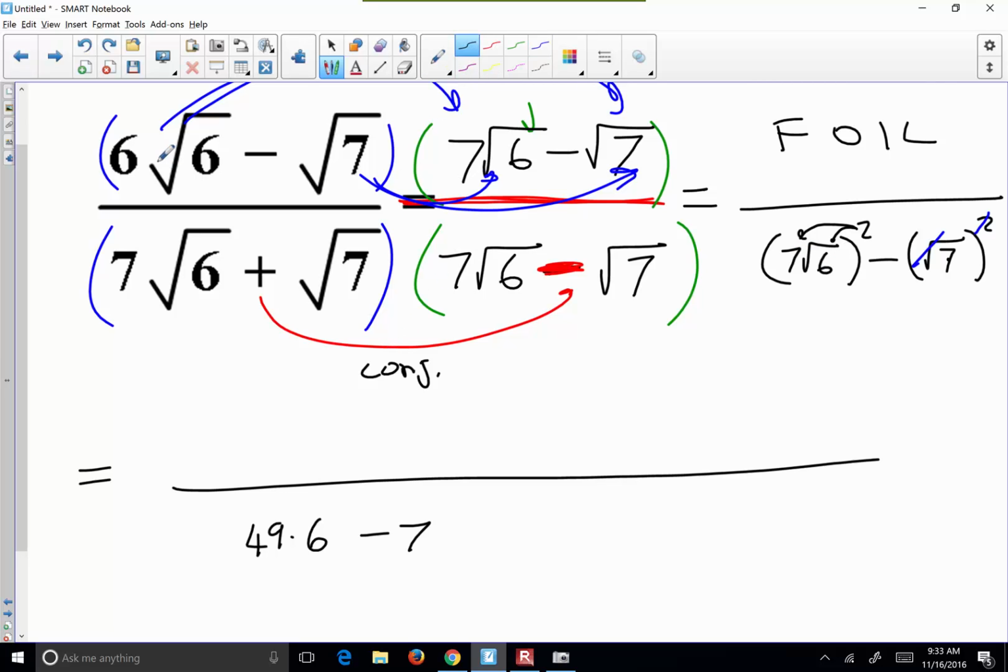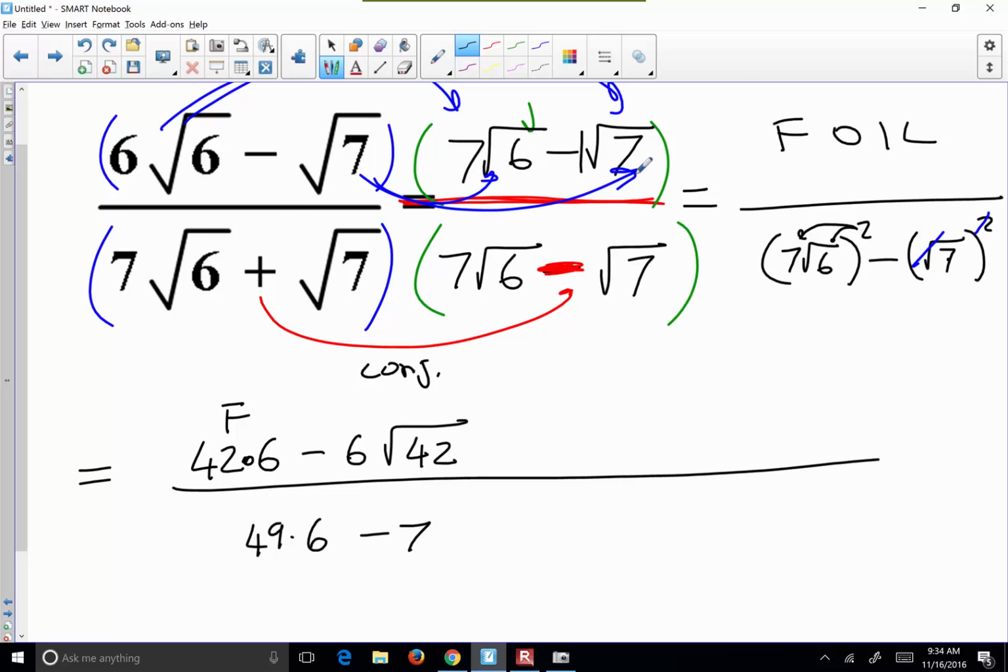Let's FOIL the top. 6 times 7, 42. Root 6 times root 6 is 6. That's F. O, outside terms: 6 root 7, 6 root 6 and root 7 all multiplied into minus 6 root 42. Minus 6 times minus 1, minus 6, 6 times 7, 42.